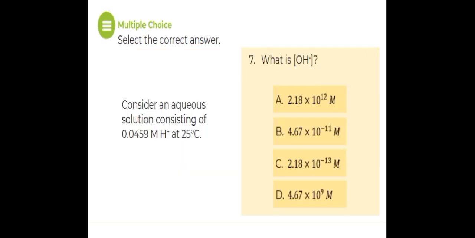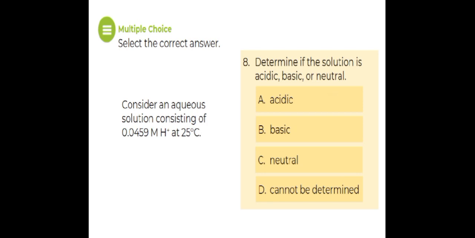Next, consider an aqueous solution consisting of 0.0459 molar hydrogen ion at 25 degrees Celsius. So the question is, what is the hydroxide ion concentration? Is it A, B, C, or letter D? Number 8.